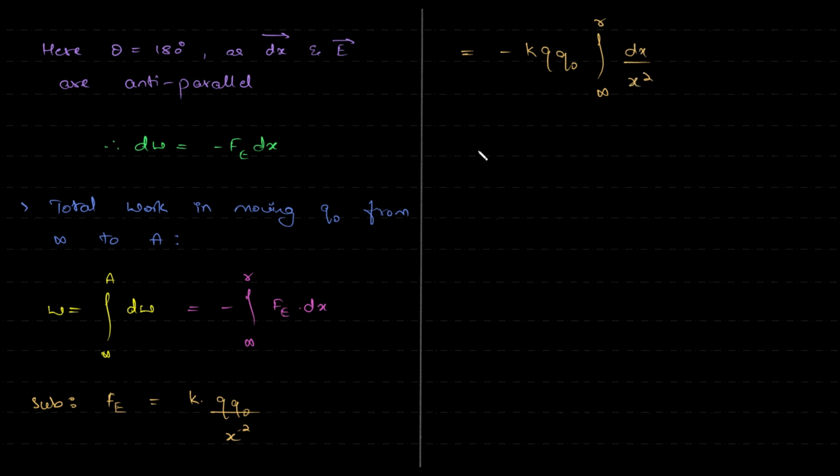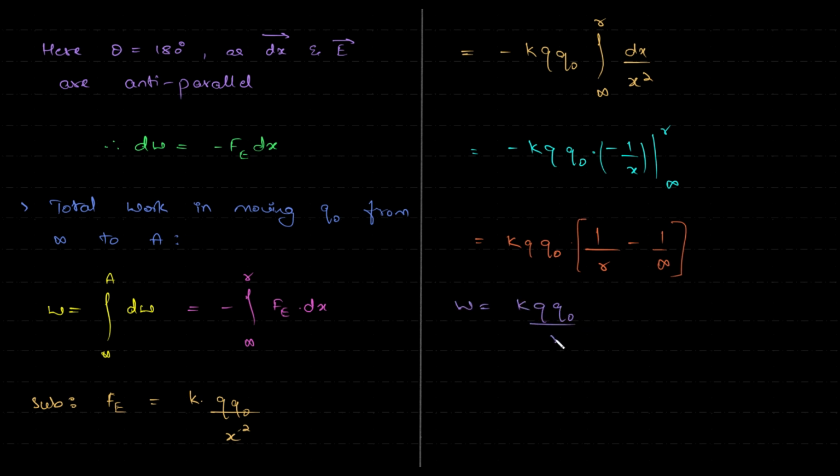So what is the integration of this? Minus 1 by x. And the limits will change from infinity to point or length r. So negative of negative is positive, k q naught by x, sorry, x. So in this case, it will be 1 by r minus 1 by infinity, which is 0, and you have your final expression as k q naught by r.